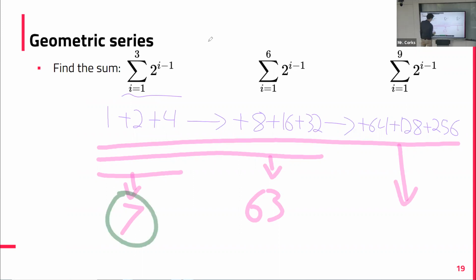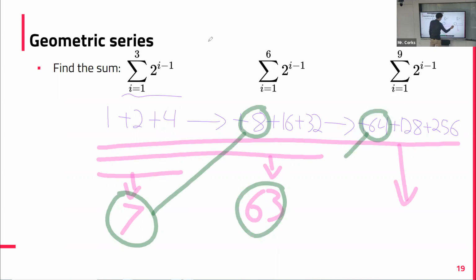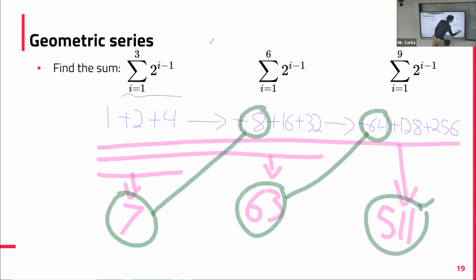This, and then the next one. There we go. It's whatever the next term is minus 1. That's the sum of the previous ones. Yeah. Okay. Now we see it. 512 is the next term here.